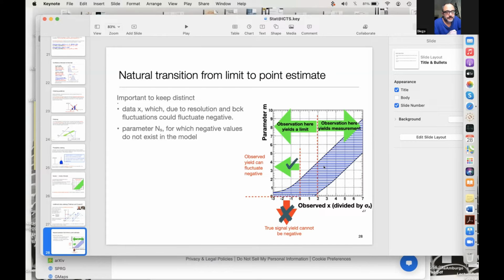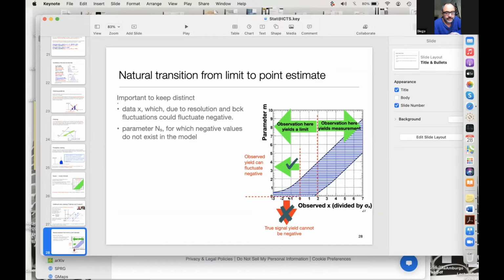when you measure something that is defined to be non-negative, like the square of a mass or something, you might think that you cannot get a negative central value. But in fact, if the resolution of your experiment allows for that, negative values are completely allowed.